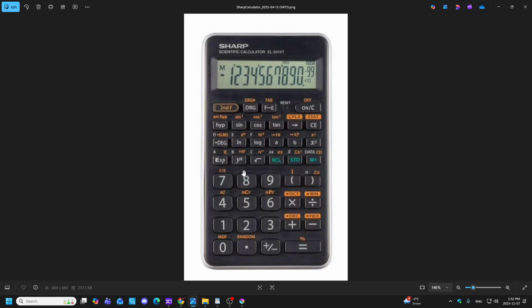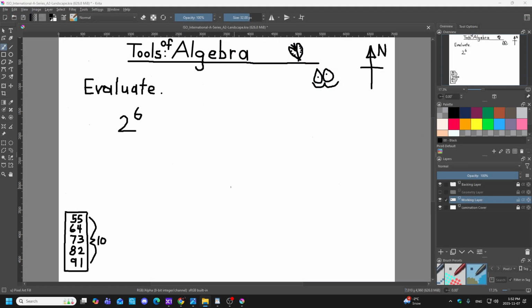Base, exponent. So you'll also hear people say 2 to the power of 6. It all means the same. What is 2 to the power of 6?